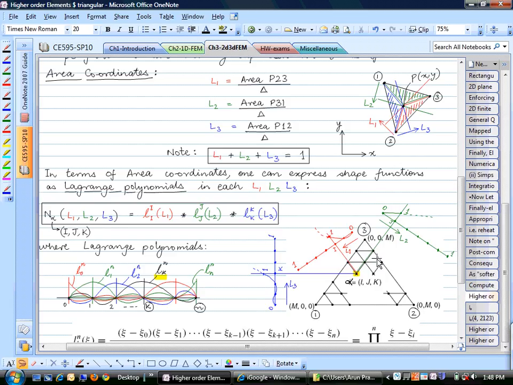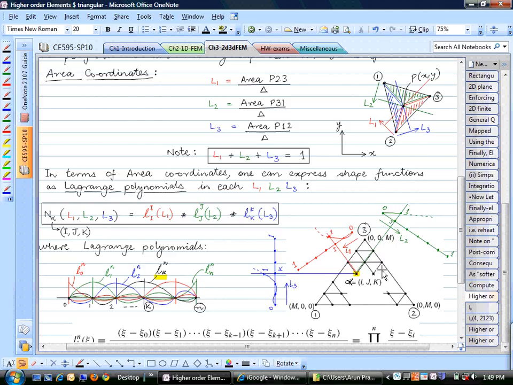Because all these nodes correspond to this point. All these nodes correspond to this point. Since this L1 goes to 0 at both of those points, this shape function will go to 0 at all of these nodes.